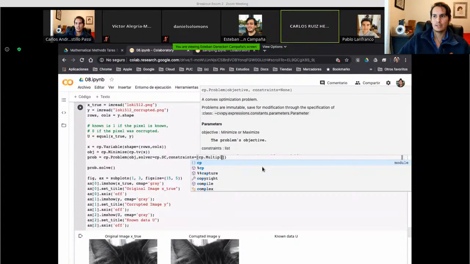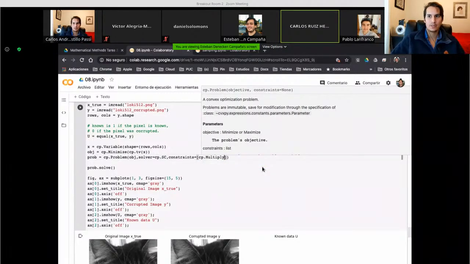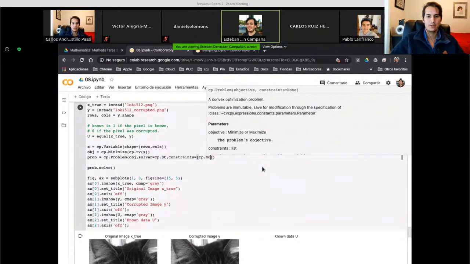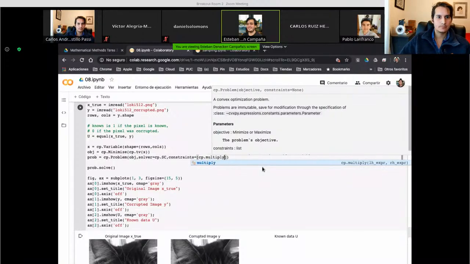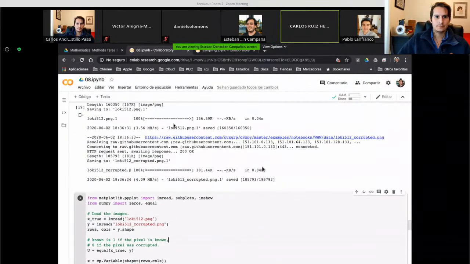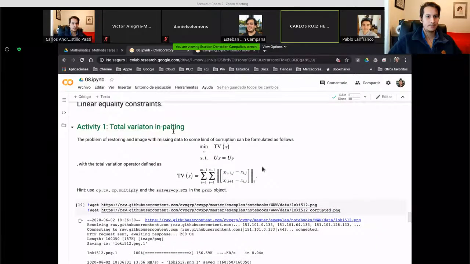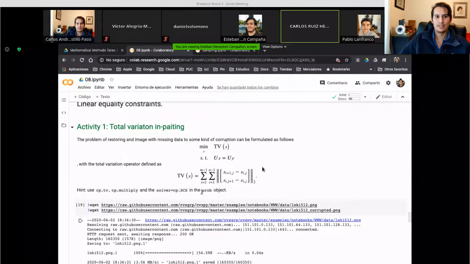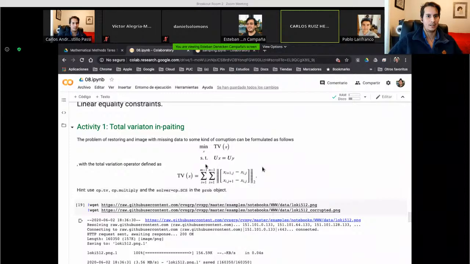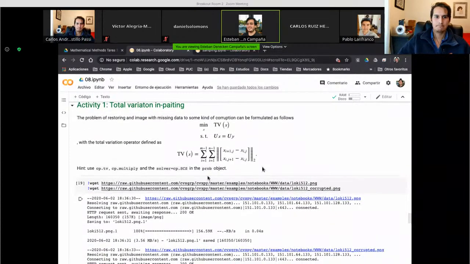Yeah, but multiply is without the caps. The caps are only for the objects. And what you need to multiply? The matrix U and X. U and X. Mm-hmm.